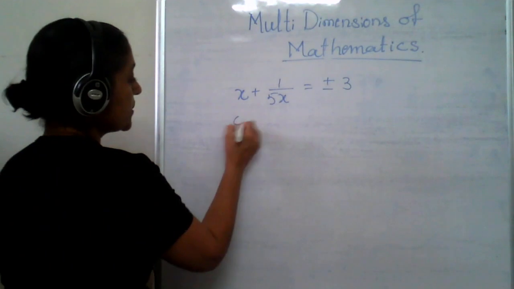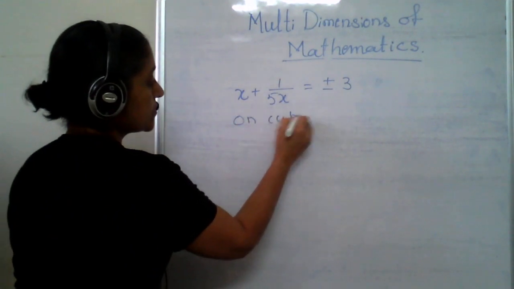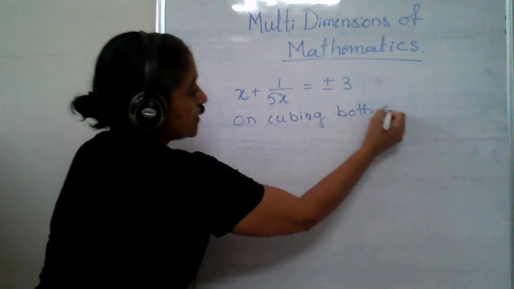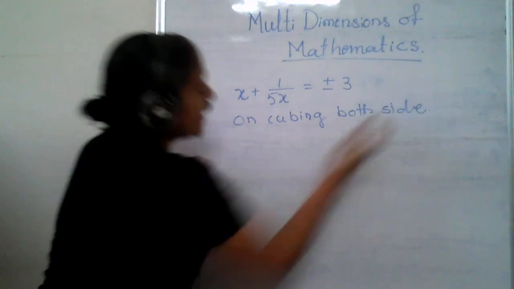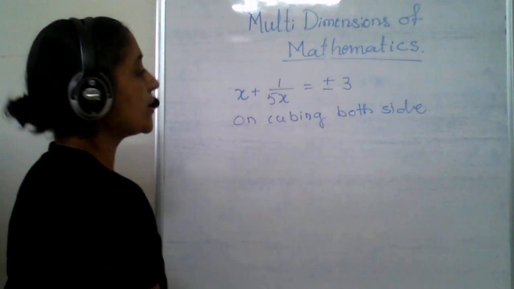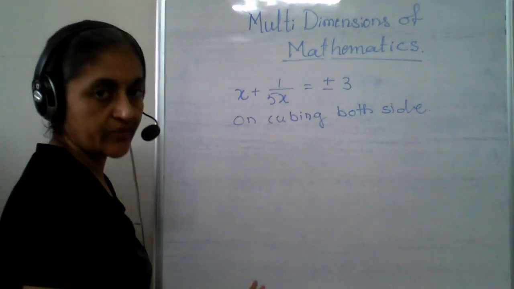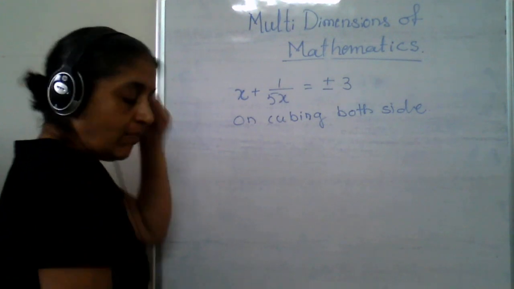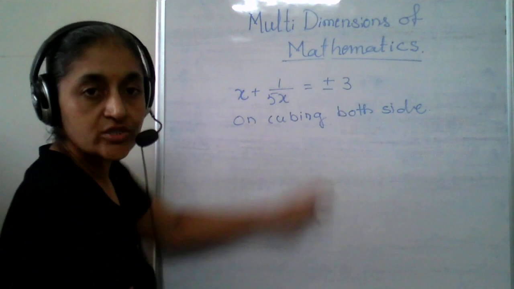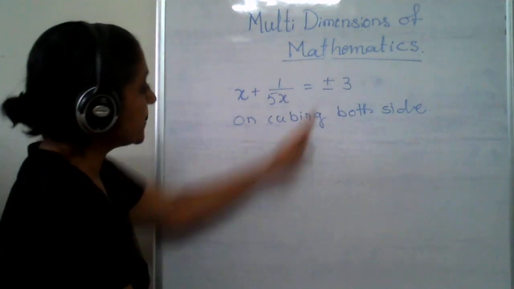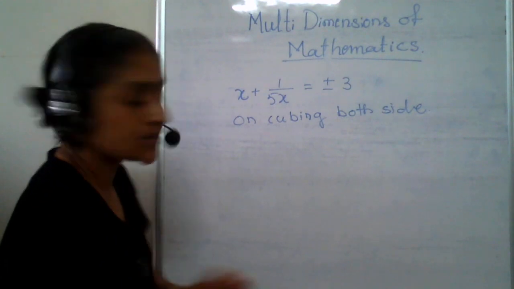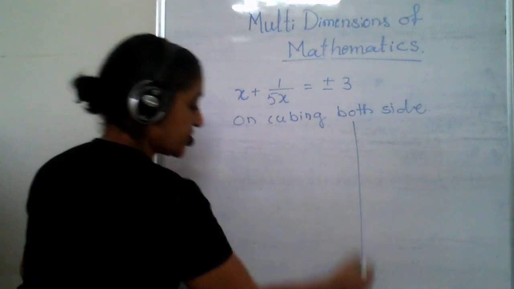So on cubing both sides, as it is a positive value as well as a negative value, which should be taken, you must be wondering. That's why taking the positive value of 3 and solving is the first case. Taking the negative value of 3 and solving it is case number 2. There is nothing different in this.